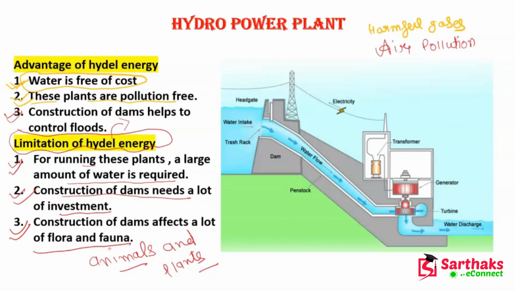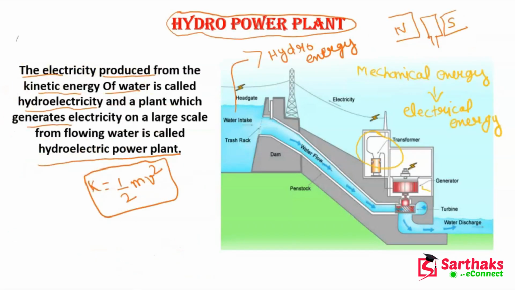So if it is clear to you, let us move on to the next slide. But before taking you to the next slide, let me again summarize what we have seen in the hydropower plant. In a hydropower plant, we use the energy present in the water to convert it into electrical energy. It is pollution free.